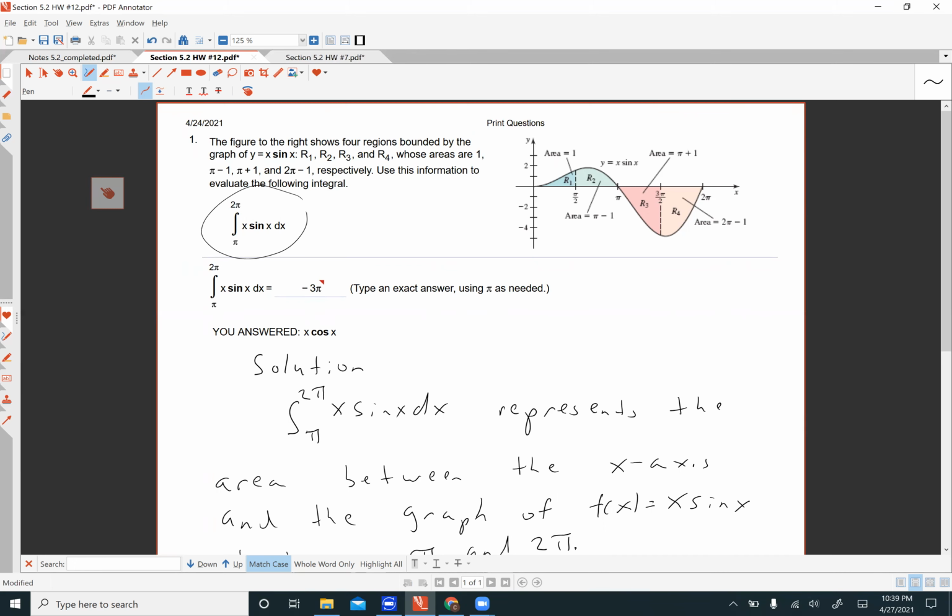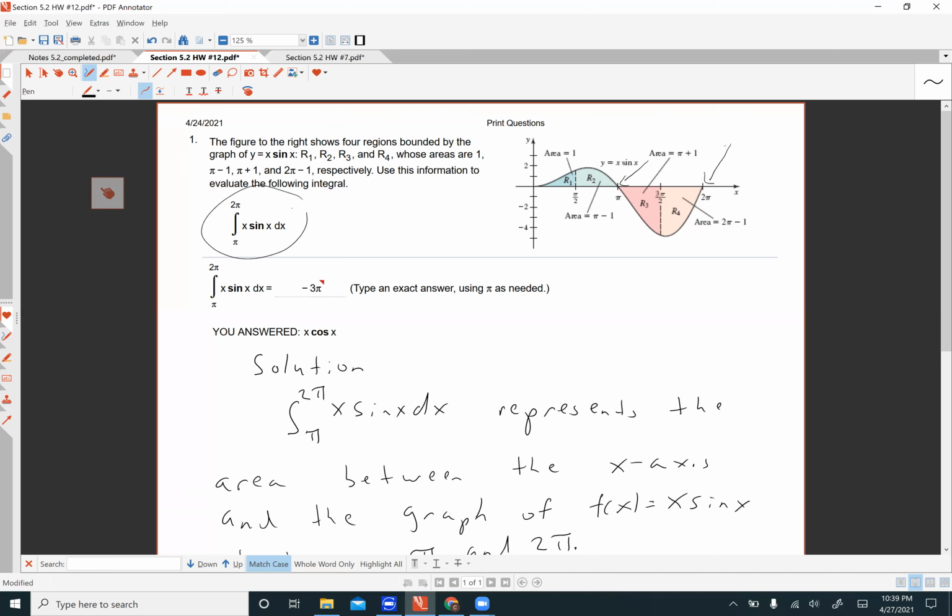If you look at this graph right here, here's pi, and here is 2 pi. We just want all the area bounded by the curve and the x-axis. Remember the definite integral, this expression right here: anything below the x-axis is going to be negative, right?